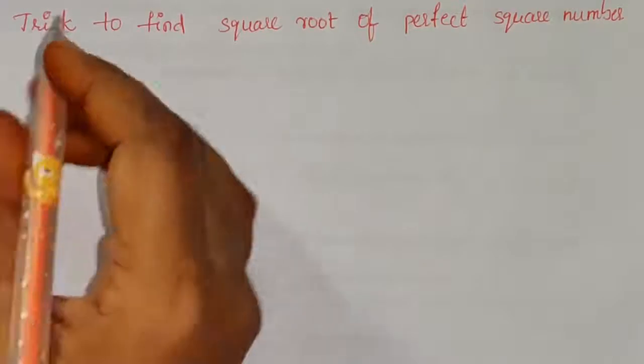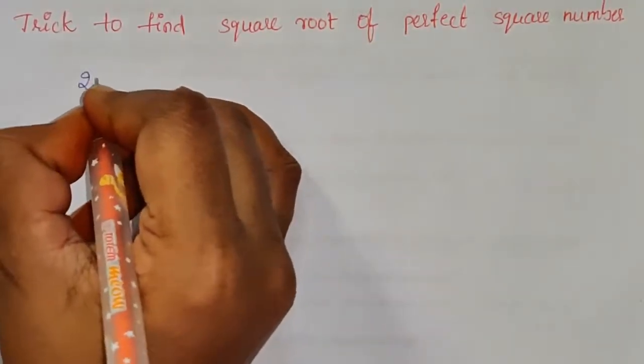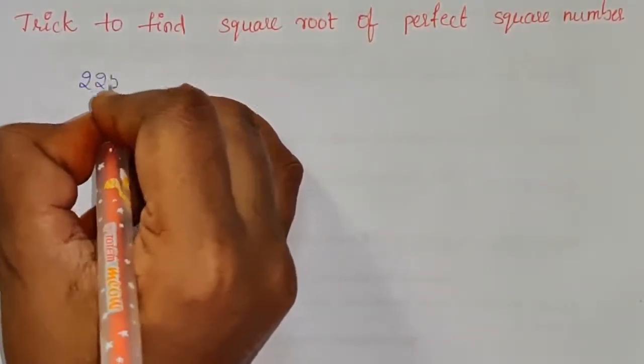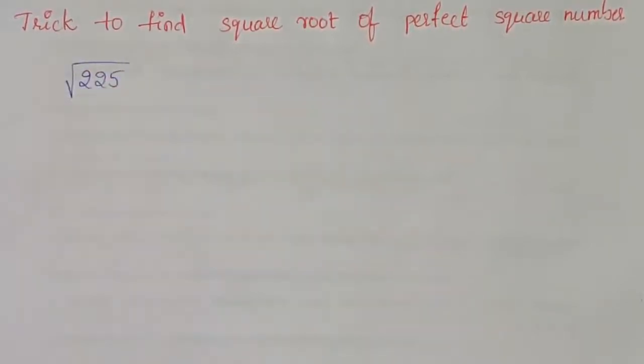We don't get the perfect square root of that particular number, but we can estimate the number in between any two numbers. Let us take the example 225. Now we need to find the square root of this number without using any procedure. Let us find this by the trick.